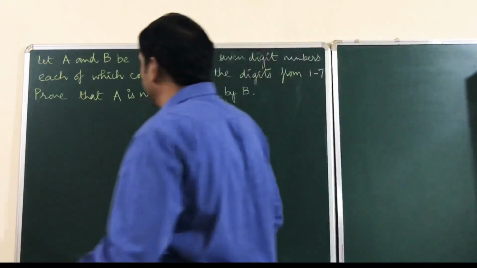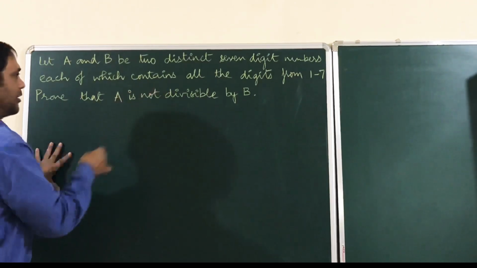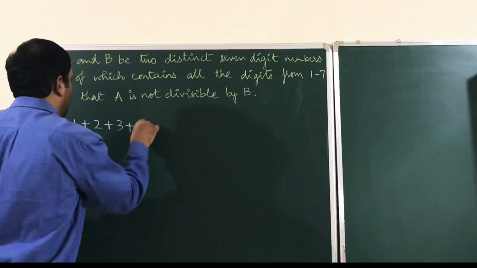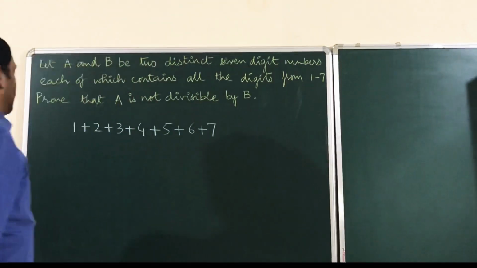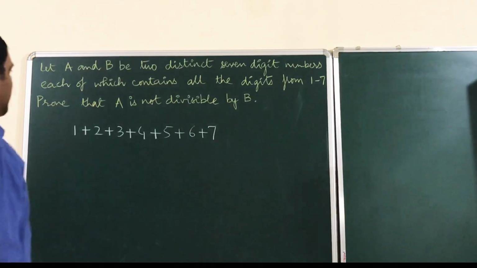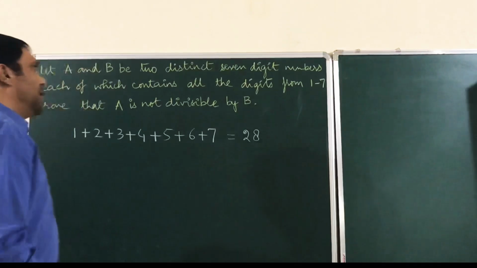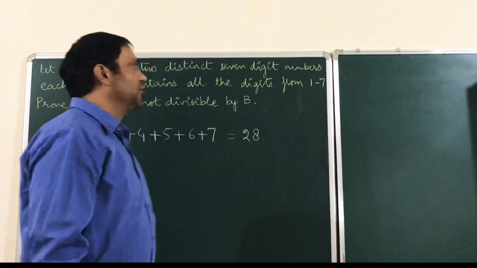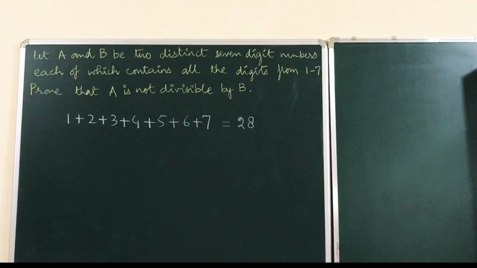So if I form any 7-digit number A using all the digits from 1 to 7, I first add 1 plus 2 plus 3 plus 4 plus 5 plus 6 plus 7, and you find the sum is 28. So any 7-digit number you form using the digits from 1 to 7 has a digit sum of 28.